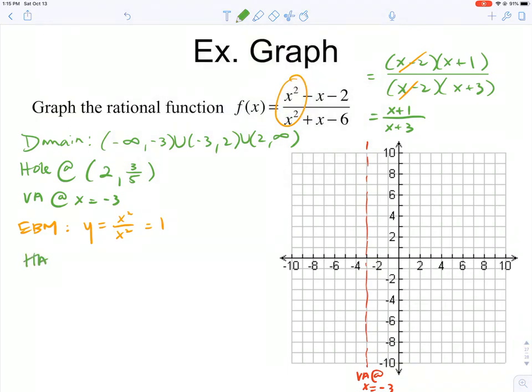Therefore, we will have a horizontal asymptote at y equals 1. Okay, x-intercept at -1, 0, right, where the numerator would be equal to 0. And y-intercept at 0, 1/3.